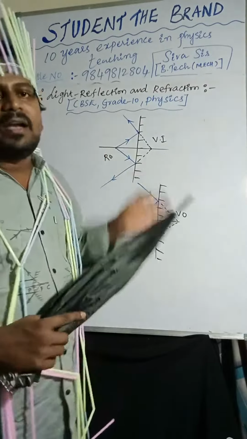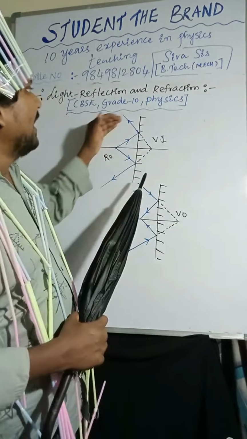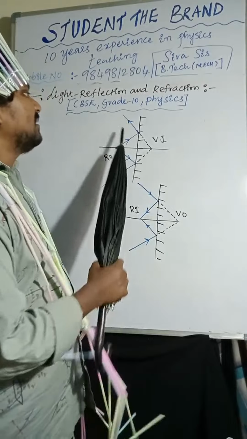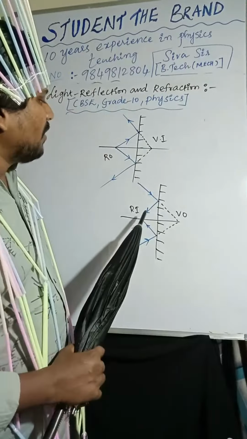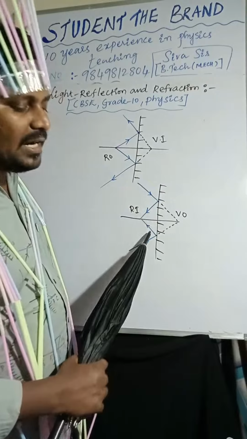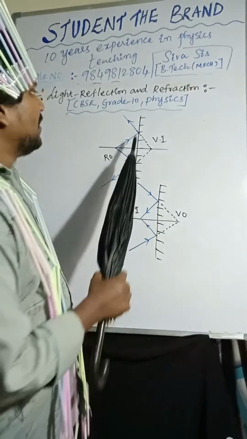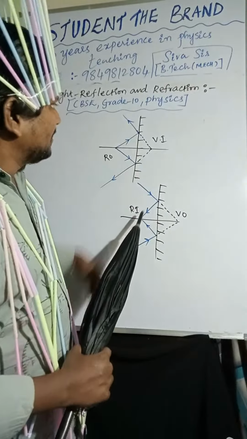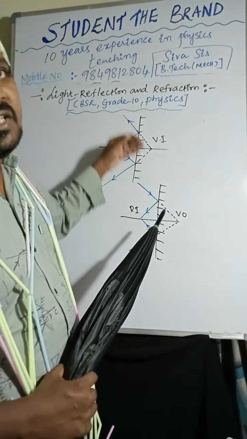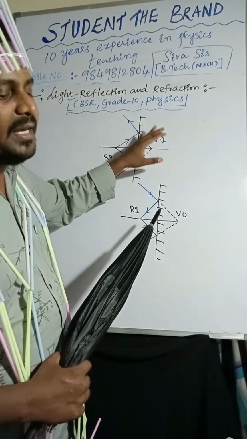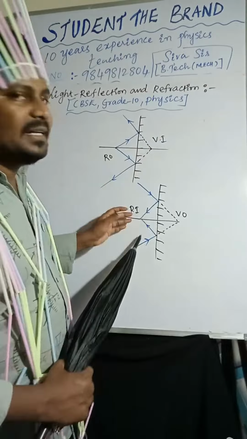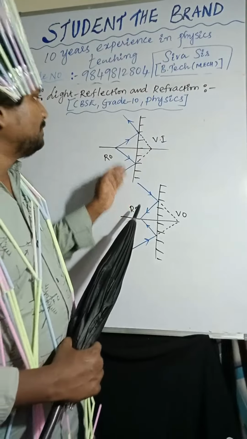The point of intersection of extended reflected light rays is called a virtual image. The point of intersection of reflected light rays is called a real image. The difference is that for a virtual image we extend the reflected light rays to meet at one point, while for a real image the reflected light rays meet directly at one point.